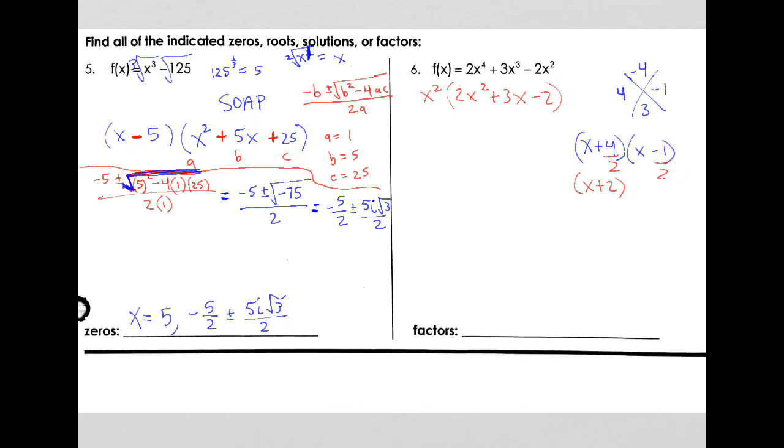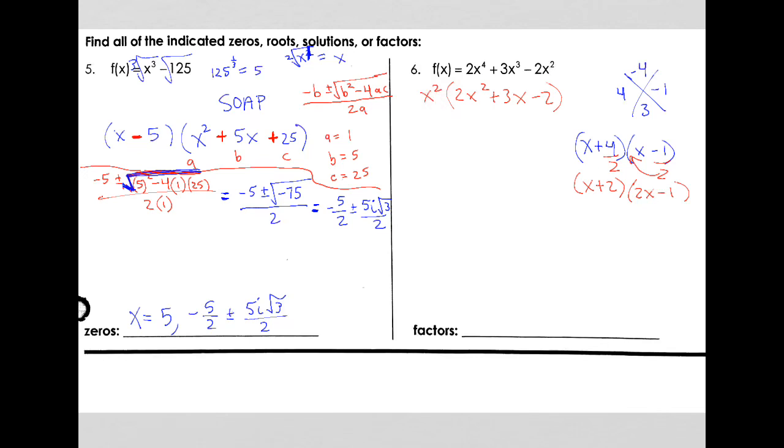And so with bottoms up, if it does not simplify and you have a fraction, you take what's on bottom and you swing it up in front of the x. So when we swing that up, we now have 2x minus 1.